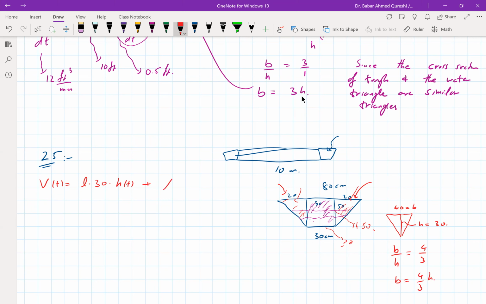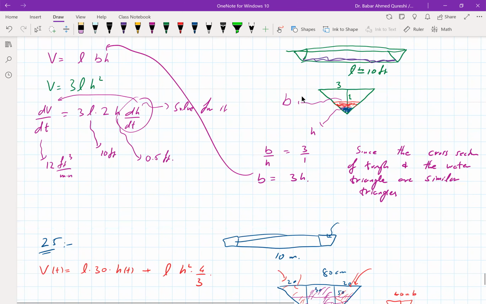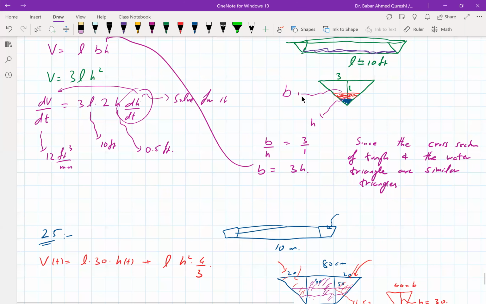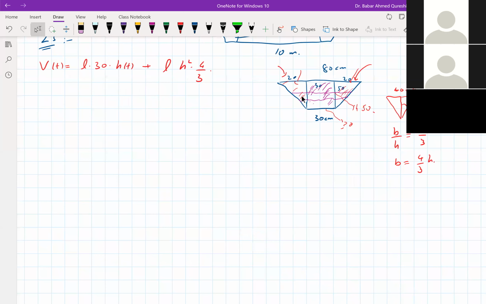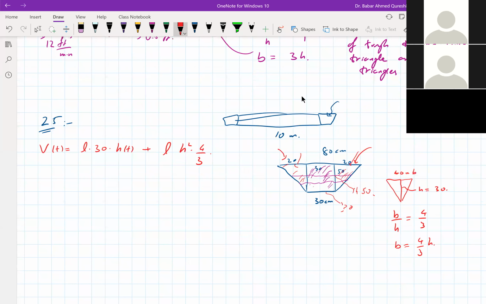So it's length times h square times 4 over 3, just using this previous formula, length times b times h. And you're adding these two. And length was also given.